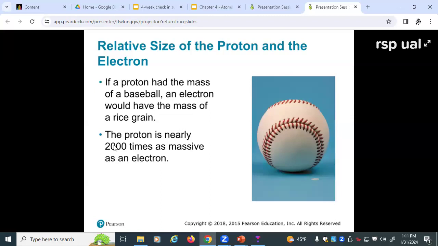The baseball representing the mass of the proton, the grain of rice representing the mass of the electron. Overall, there's about a 2,000-fold difference between the two. The actual number is like 1,820 or something, give or take. But we're talking about a massive difference in scale here.